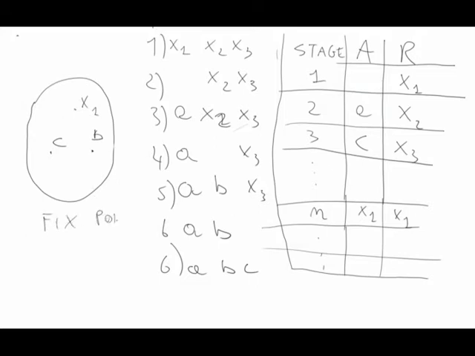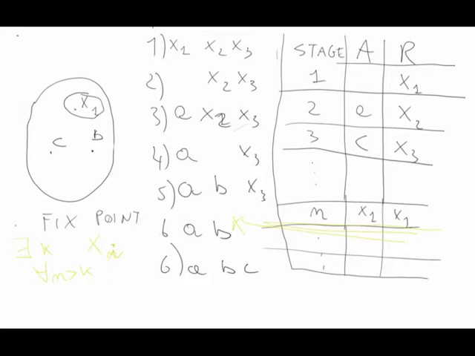A fixed point is a point such that, from one stage on, say stage kappa, there exists such a kappa such that for each n greater than kappa, it is never removed again.